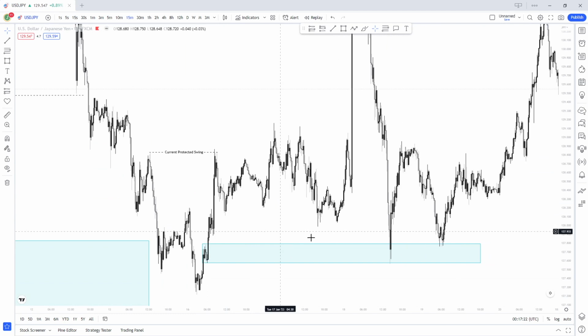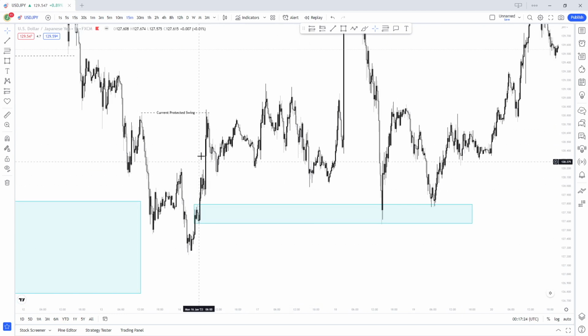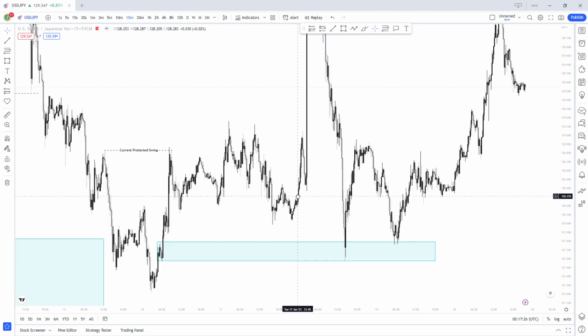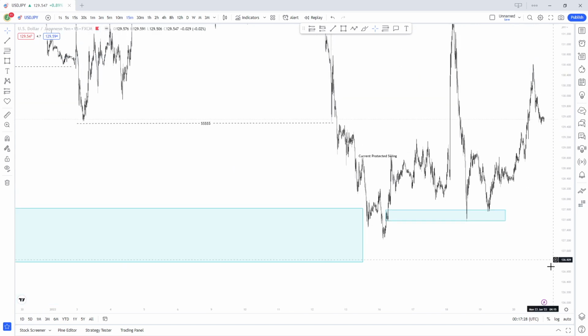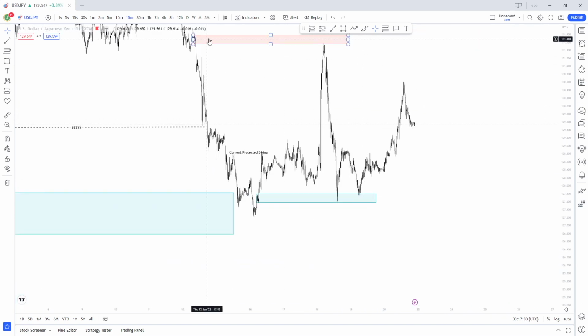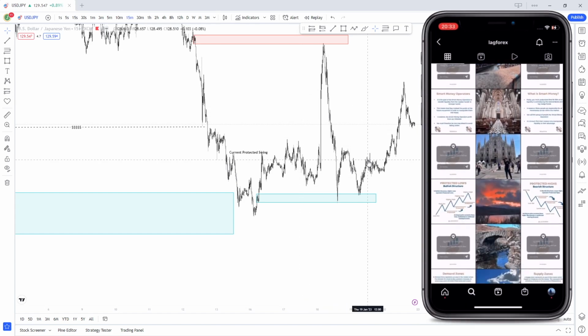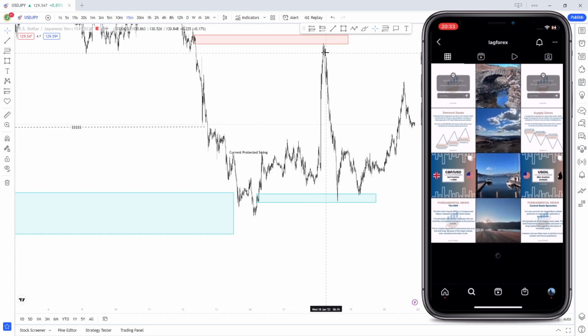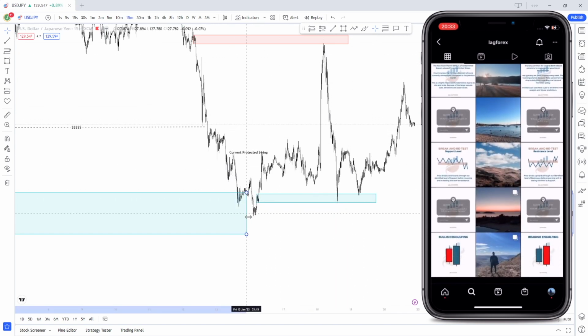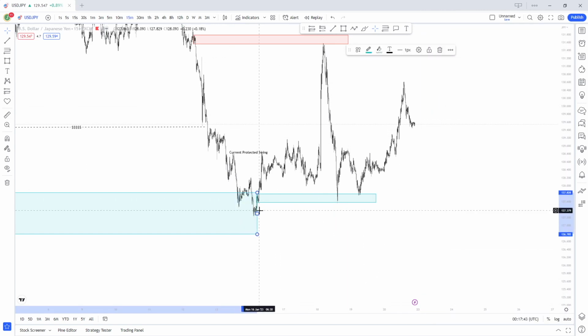So we see that what we did is we broke a protected swing. We broke away from that protected swing. We reacted to supply, which was an indication that supply could be taking control, but the move that was sustained from the reversal of the zone was not a move that came to penetrate the previous low, and therefore to me it makes it less likely that there is enough supply to sustain any further bearishness.